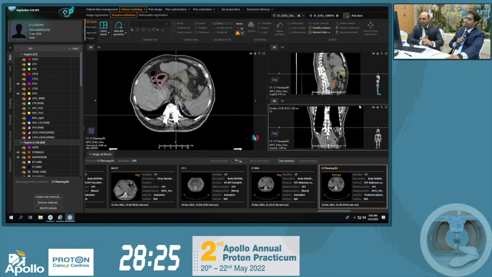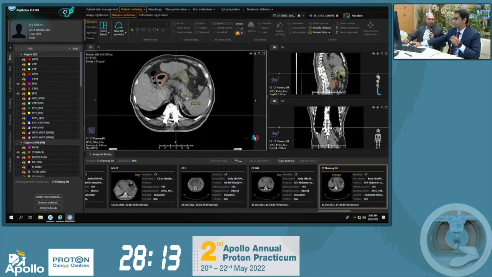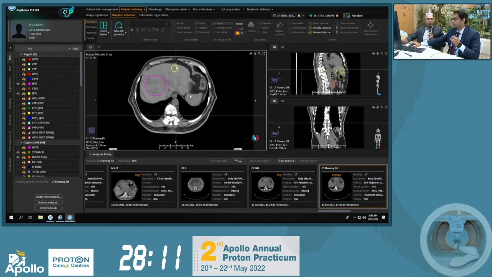So upfront we go for a 4DCT and check the motion. The motion was around 1.5 centimeters, so we cannot go for free breathing planning. Immediately we opted for deep inspiratory breath hold.